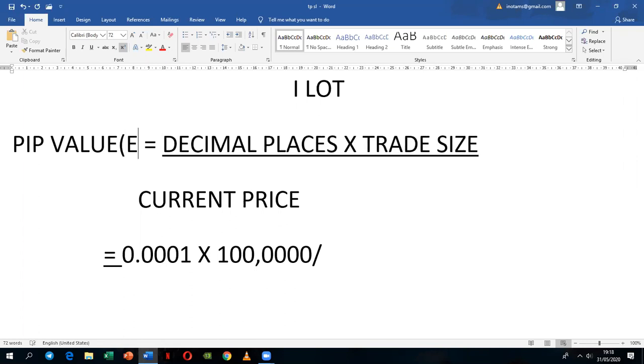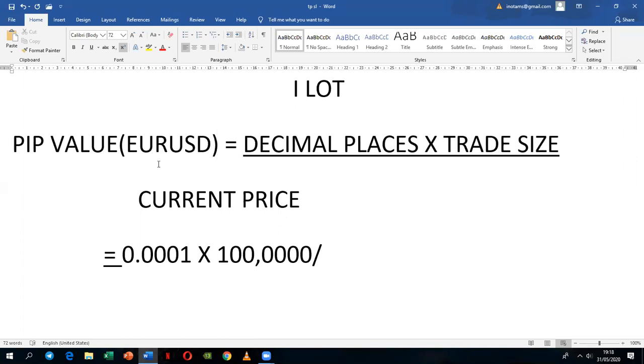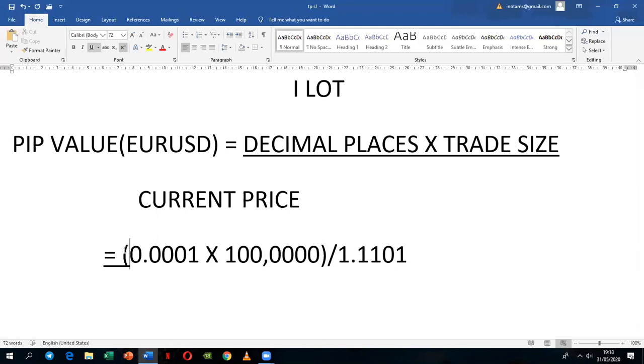Value for Euro USD. 1.1101. Okay. So guys, we haven't considered the pipette. It's just a fraction, so this is okay as well.